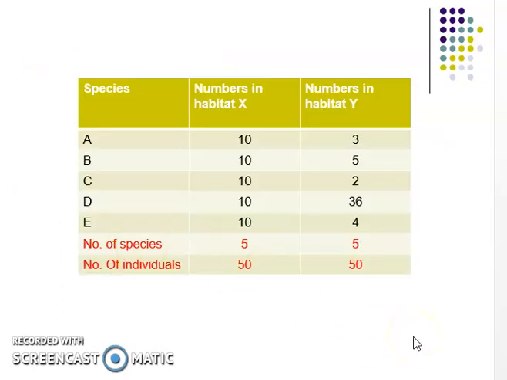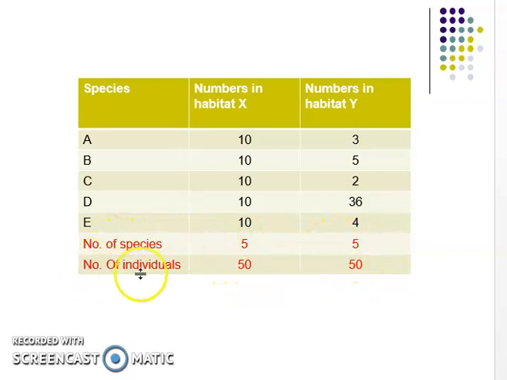If you look at this example, we've got two habitats, X and Y. Now if you look at it, they both have the same species richness. They've both got 5 different species, that's A, B, C, D, and E. And the total number of individuals in this ecosystem, total, not individuals of each species, everything that's there, they've both got 50.